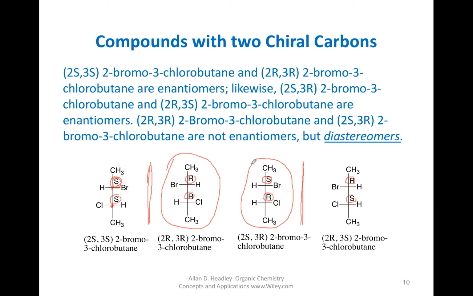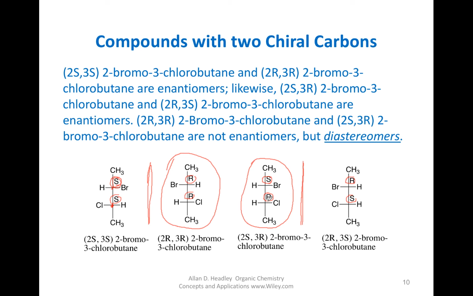We know they are not enantiomers because they're not mirror images of each other. And the absolute assignments, R and S, are not opposite. This is R, and this is S and R. So they're not enantiomers. They're not the same, because you can try this.